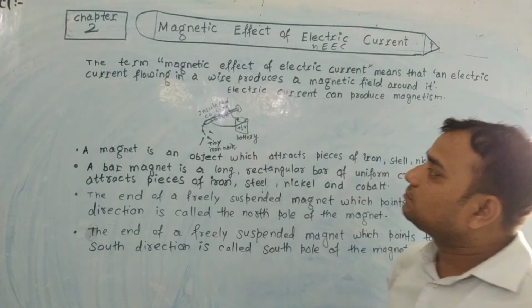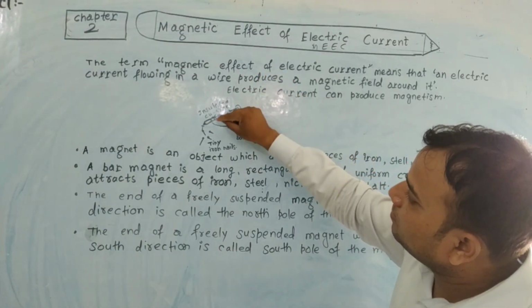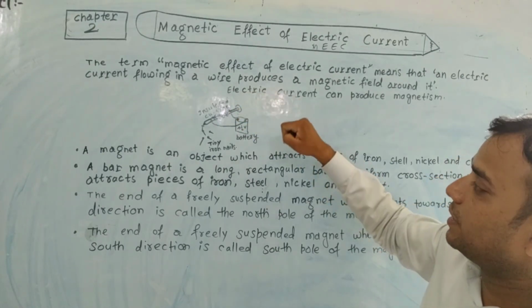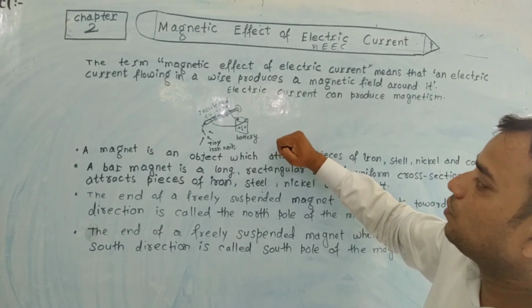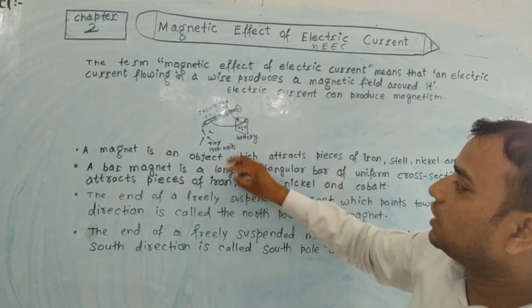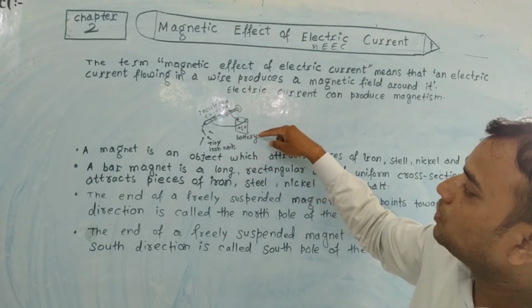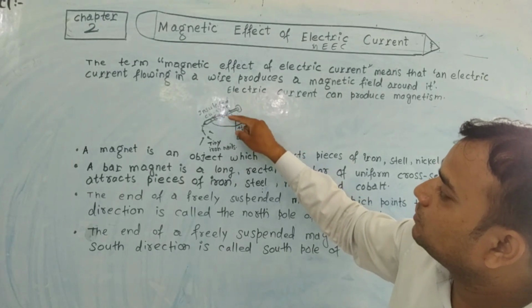There is an example: a nail is wrapped with a coil of insulated copper wire and connected with a battery of 1/2 volt. Tiny iron nails are attracted when current passes through this wire.